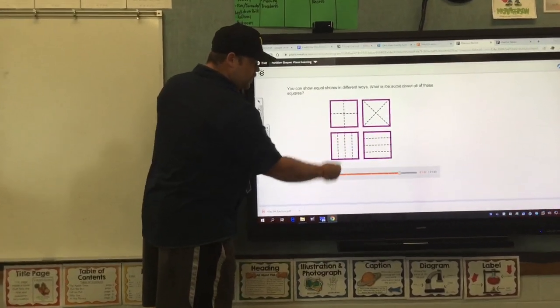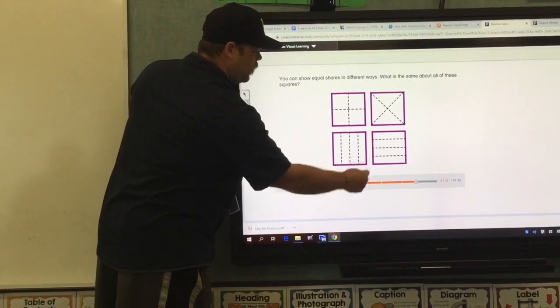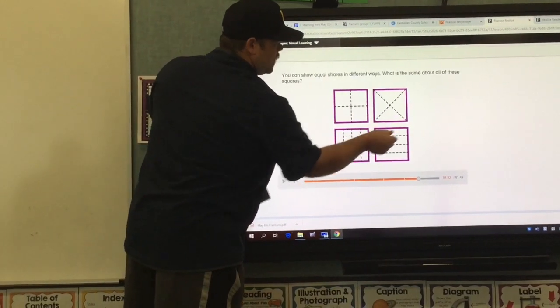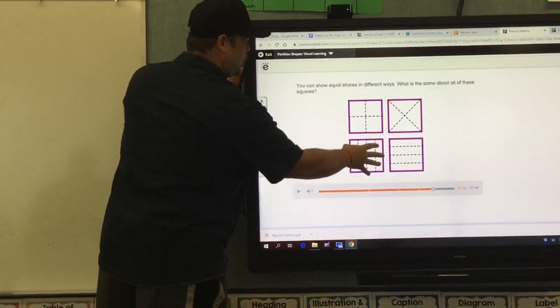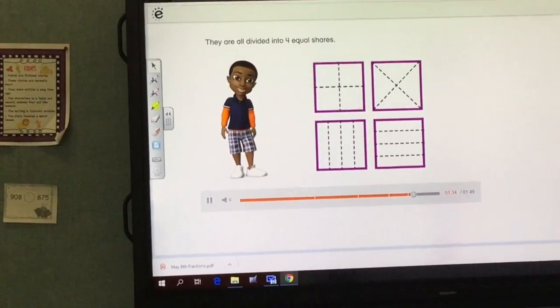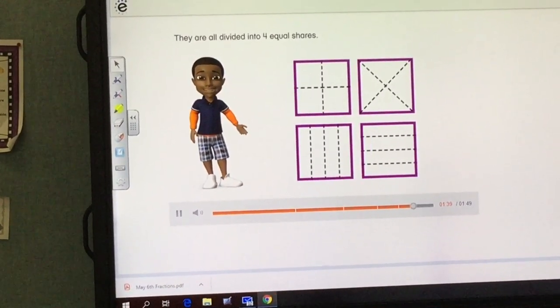So if I put 3 lines, I have 1, 2, 3, 4 equal strips here. If I put 3 lines across, I have 1, 2, 3, 4 equal strips there. Okay, so everybody would get an equal share the way I divided it. They are all divided into 4 equal shares. Each share is 1/4 of the square.